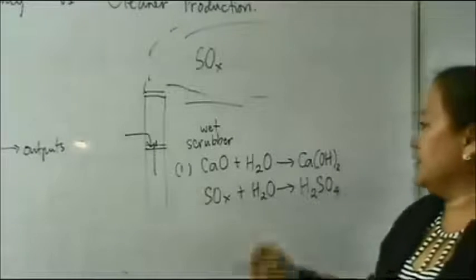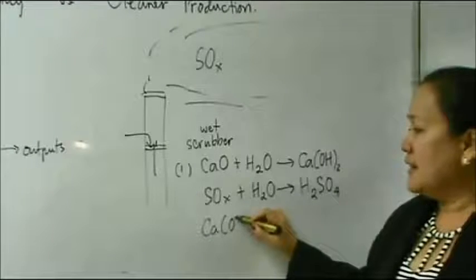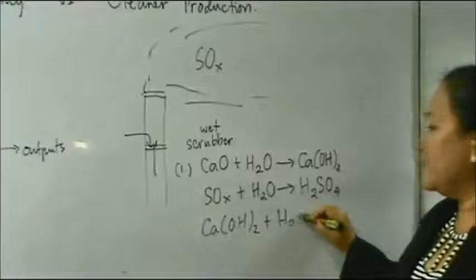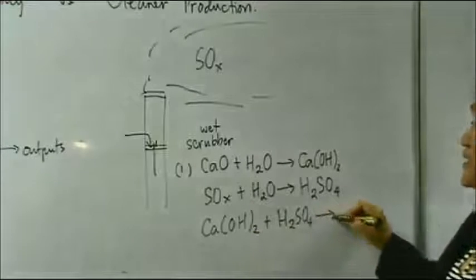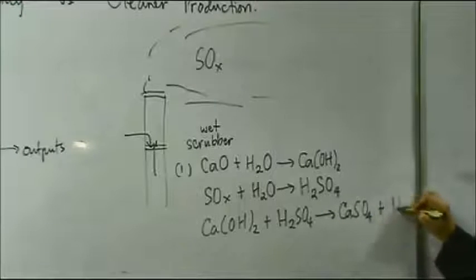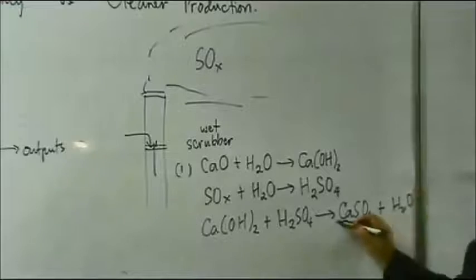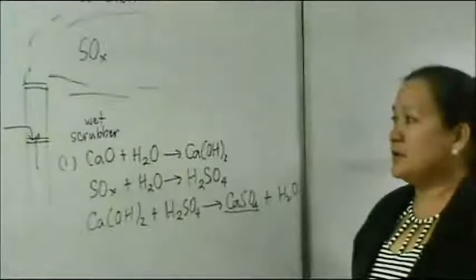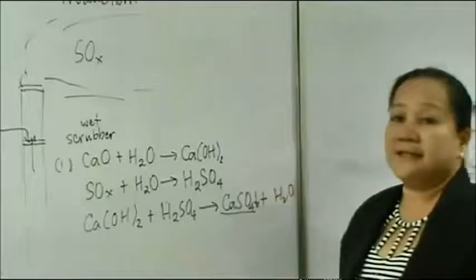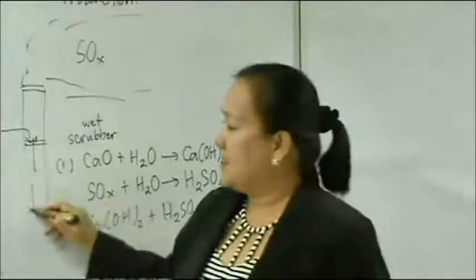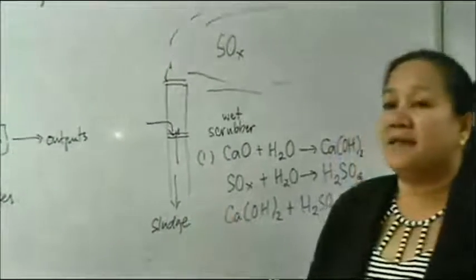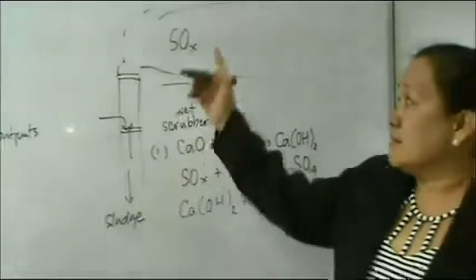What have you learned in your basic chemistry? That an acid and a base would be yielding what? A salt. So in this case, you have calcium sulfate plus water. Since you have learned that this is an insoluble precipitate or an insoluble salt, this will precipitate. So they can simply collect it as a form of sludge, and therefore they have eliminated the SOx.